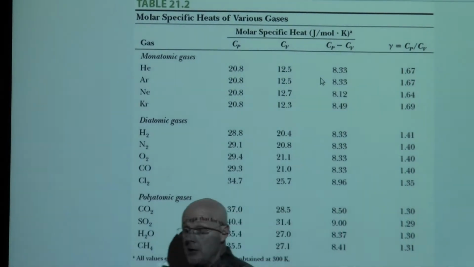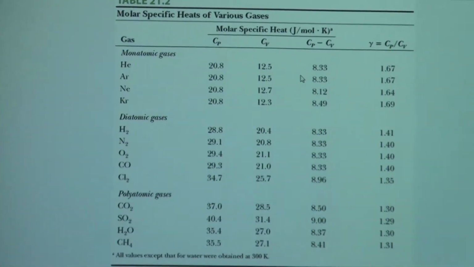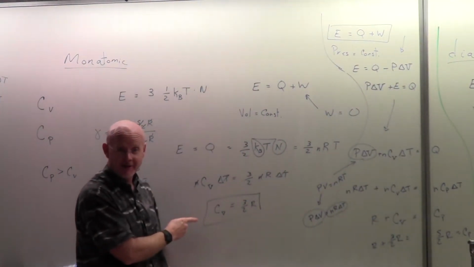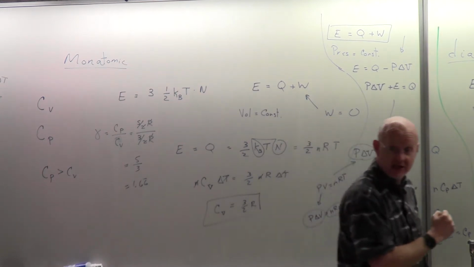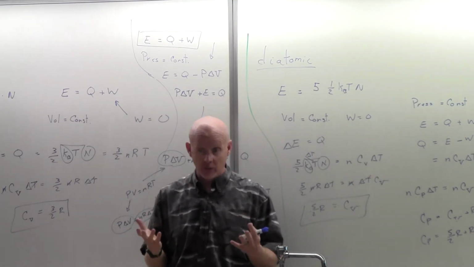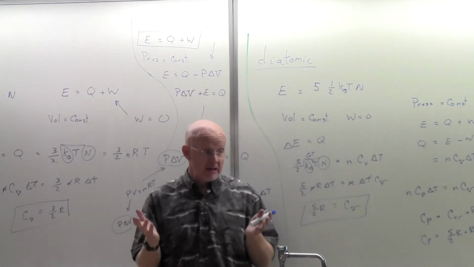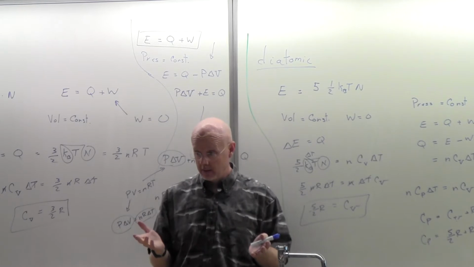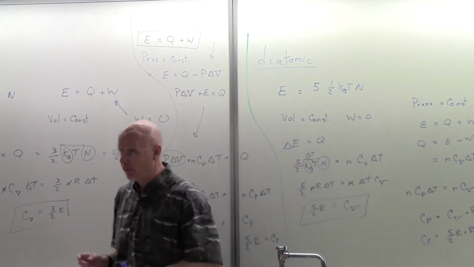Right? Warning, this can drive you crazy. Absolutely crazy. Cv is what? Okay, so again, Cv depends on what type of gas we're working with. And so don't miss that, right? Because it has to do with the number of degrees of freedom here.